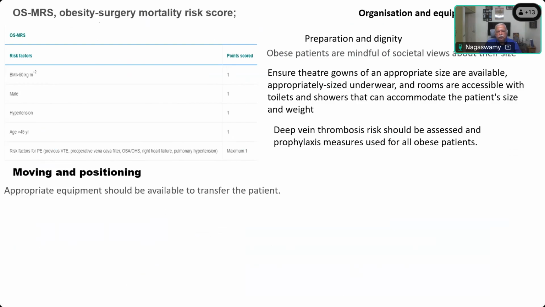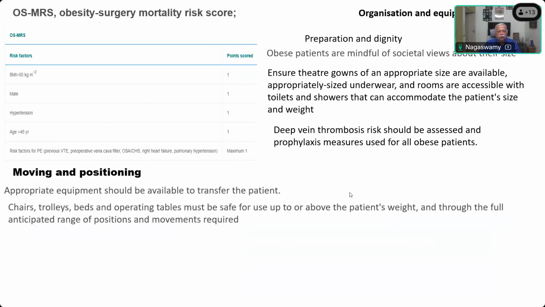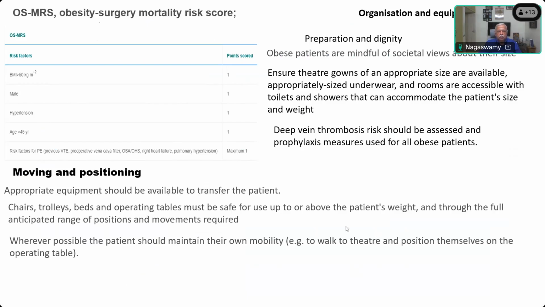And moving and positioning. Normally we bring patients on a stretcher trolley to the OT. But for obese patients, the recommendation is that if you don't have appropriate equipment and the patient can walk without any difficulty, then you can ask the patient to walk to the theatre and position themselves on the operating table. That is the current guidelines and recommendation. So where possible, patients can maintain their own mobility.